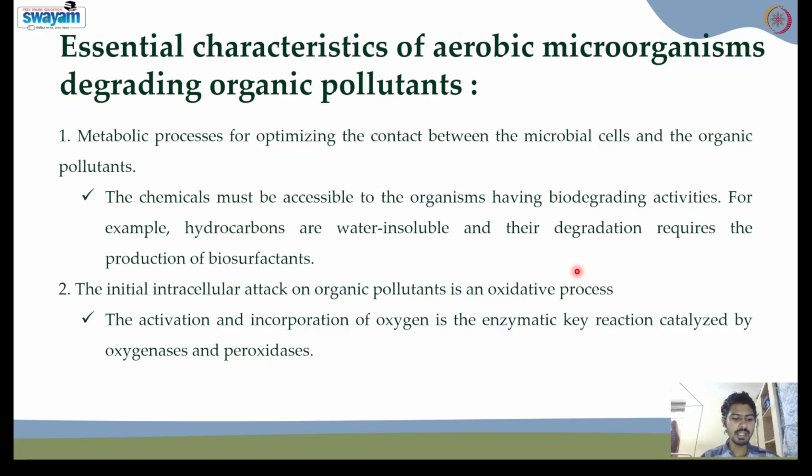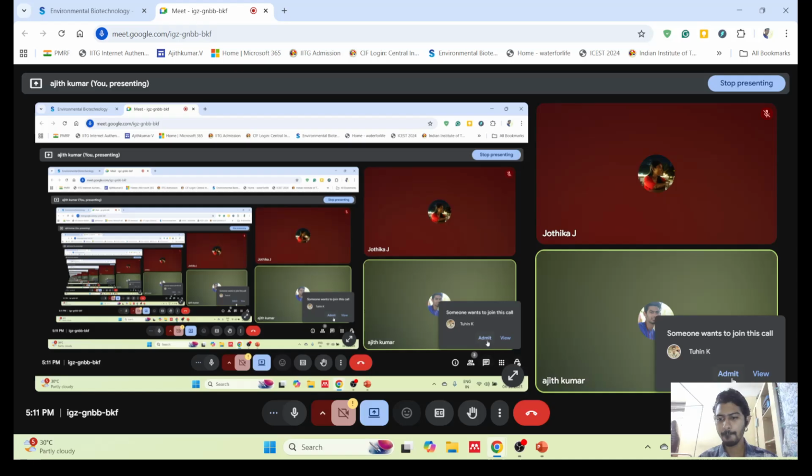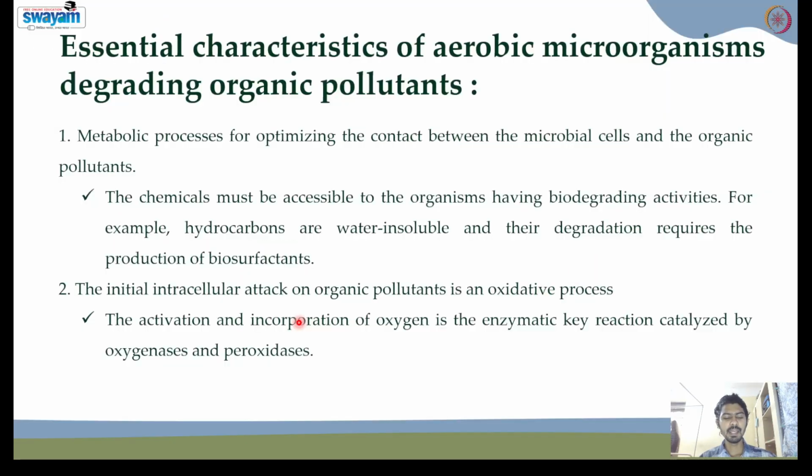Enzymes like oxygenase or peroxidase insert oxygen into the pollutant molecule, and they activate the proper enzymatic reactions and start the oxidation process.